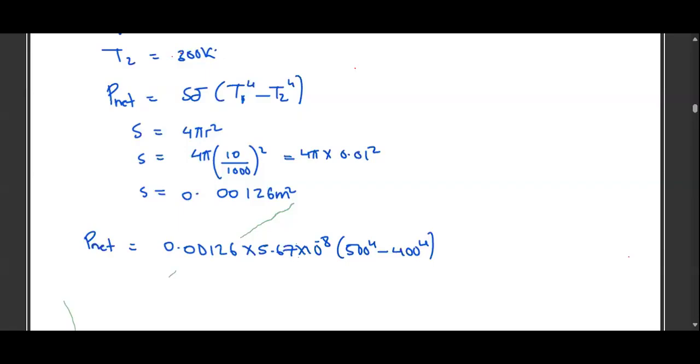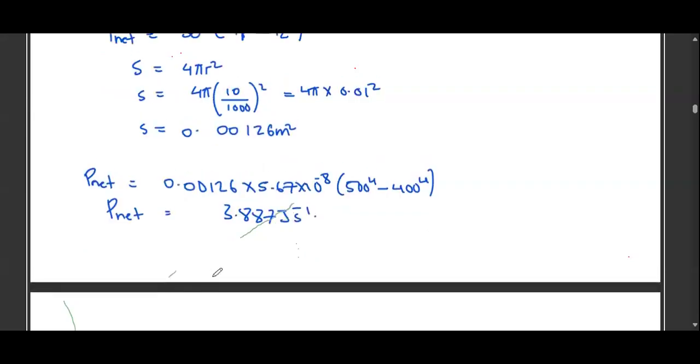I am getting our P net as 3.887 joules per second.